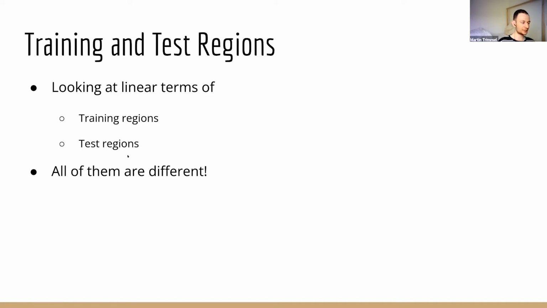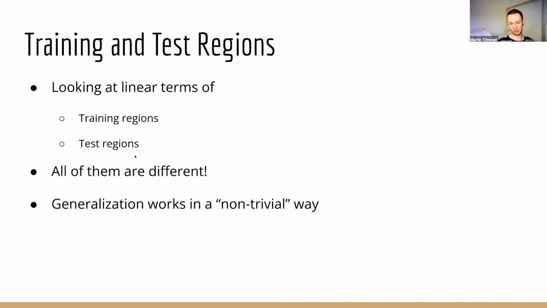Therefore, this means that generalization of neural networks cannot be explained by test samples falling into the same linear regions as the training samples. Or in other words, it cannot be explained by test samples inducing the same activation patterns as training samples. This means that test and training samples always have different activation patterns.